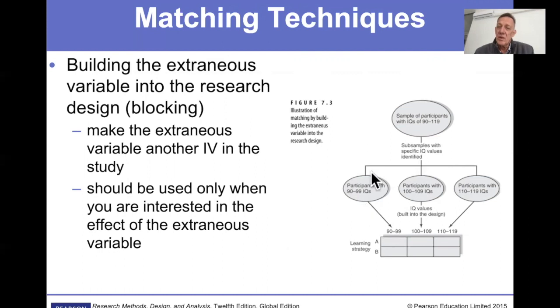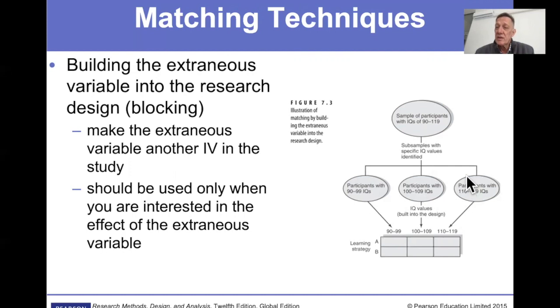You include one subsample or group with participants in the range of 100 to 109, and then there's almost 10 IQ points difference in each, and they are not overlapping.